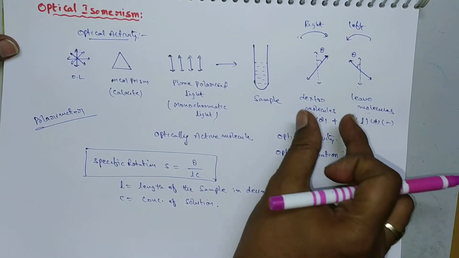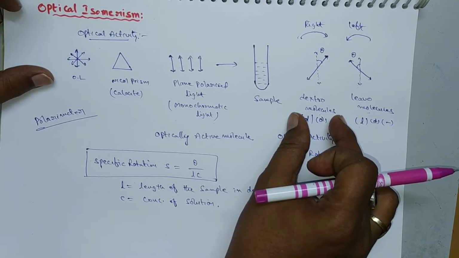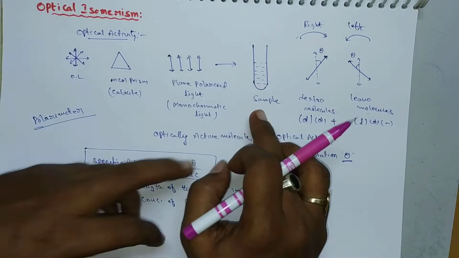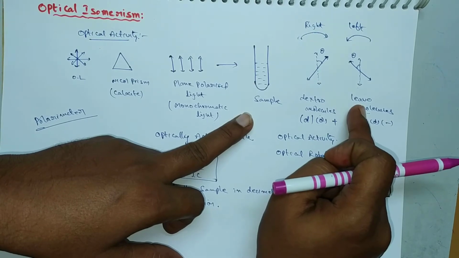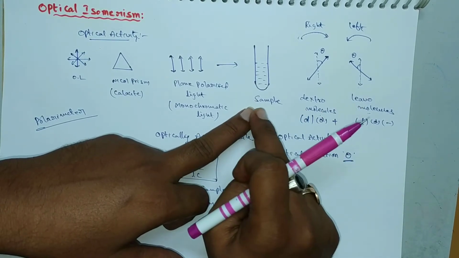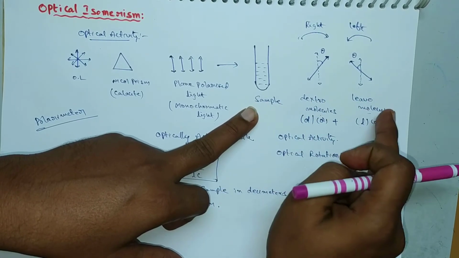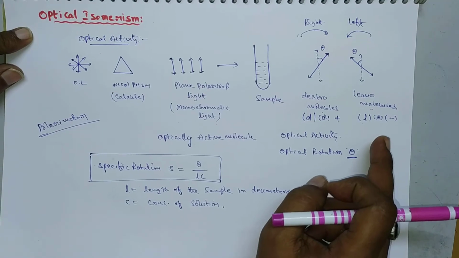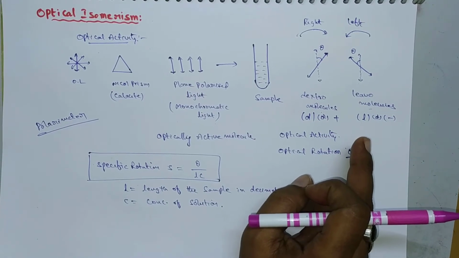These two molecules have the same molecular formula but different rotation of plane polarized light. Molecules having the same molecular formula but different rotation of plane polarized light are called optical isomers. Clear? Now let us go to the definition of optical isomers.